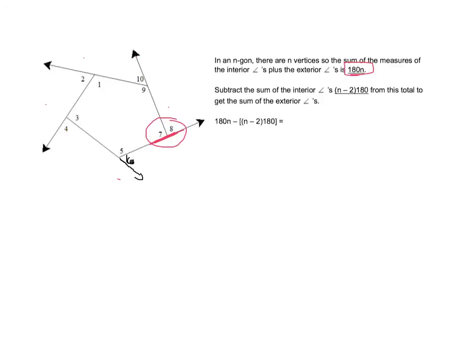I know it because we just did the formula to figure out what each interior angle and the sum is. So if I just want to find my exterior angles, all I have to do is take the whole thing, which is my 180n, and get rid of the interior angles. We know the interior angles is n minus 2 times 180. I would like for you to use your algebra magic, please, and actually solve to figure out how I find the sum of the exterior angles.